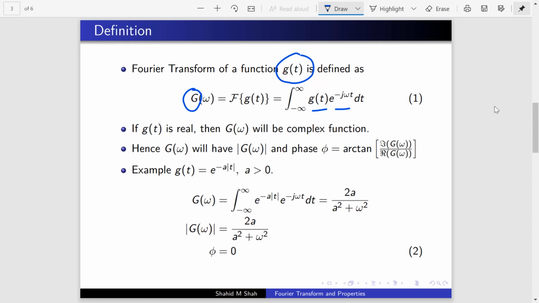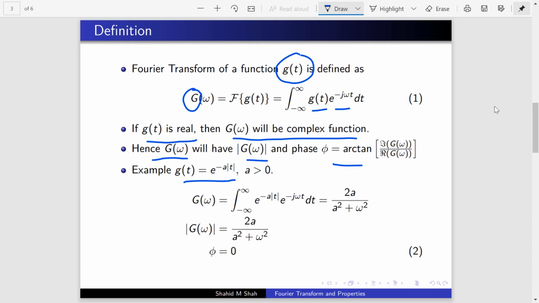And I have made a comment that if g of t is real, then in general G of omega may be a complex function also, and hence G of omega will have modulus as well as phase. So the example we did, I think at that time there were some typos. Now I have written it here again correctly.